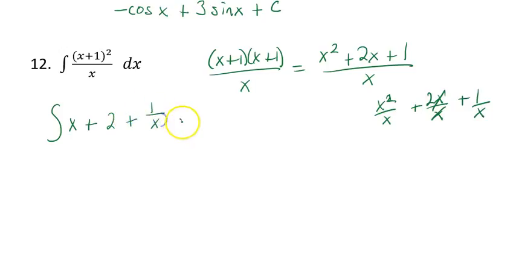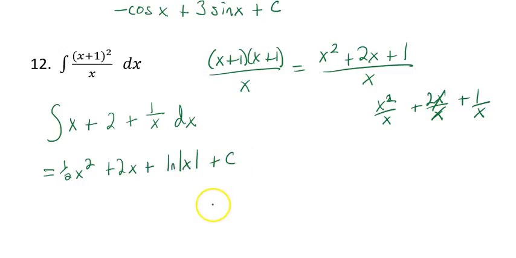And I just rewrite my problem with that, which is something that I know the rule for each thing. So the first one is going to become 1/2 x squared. The 2 is going to become 2x. And 1 over x is going to become the natural log of the absolute value of x. And again, I put my plus c at the end, but all this over here is my scratch work.